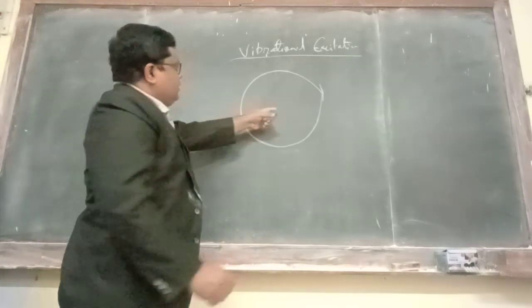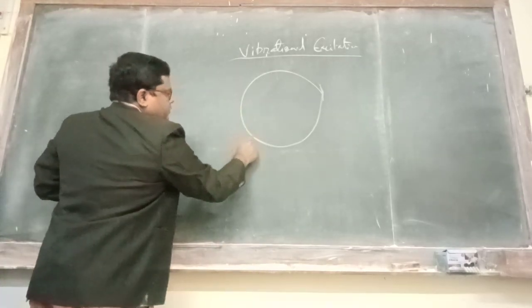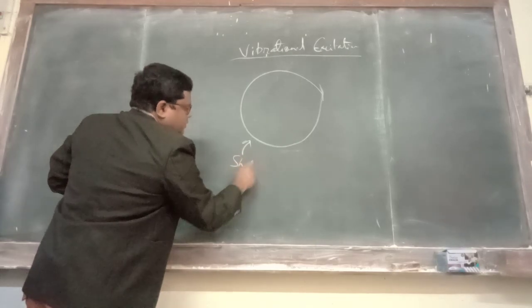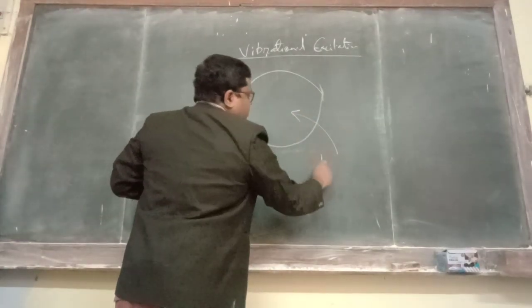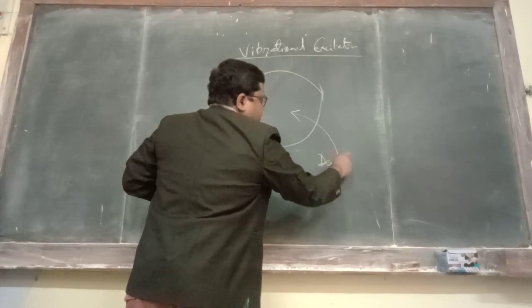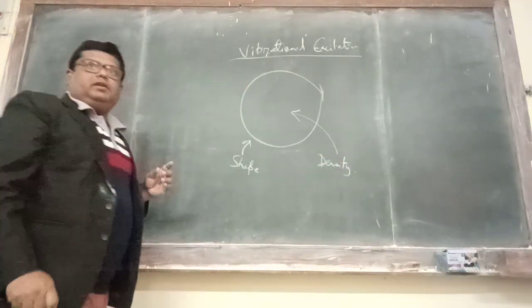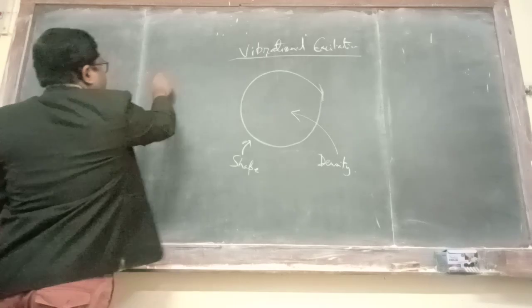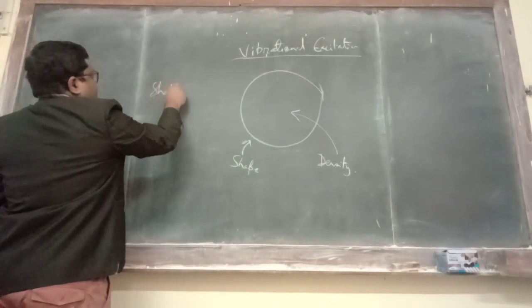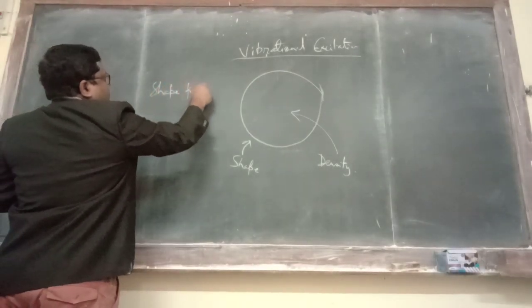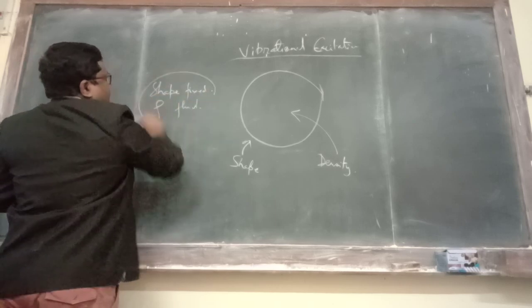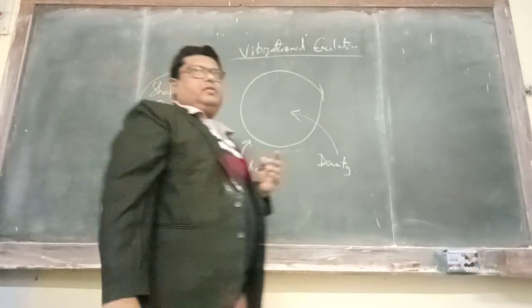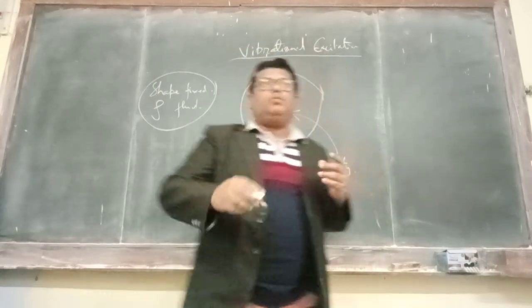So you see, it has a shape, right? Now it also has a density. Now it can happen that the shape remains fixed, but density fluctuations are there. What will it look like?